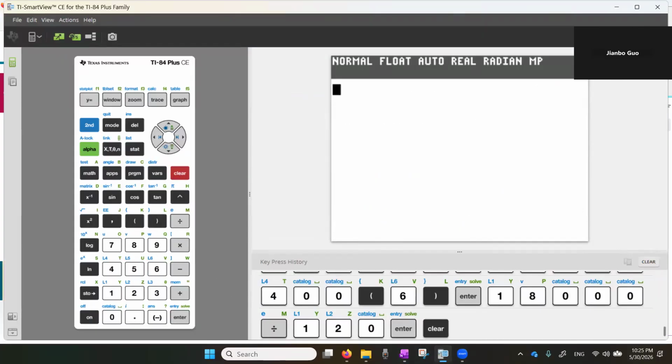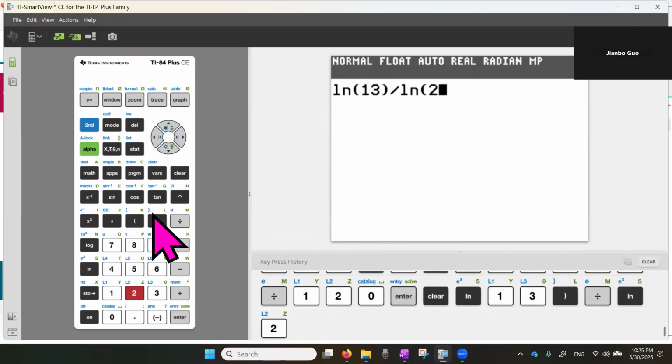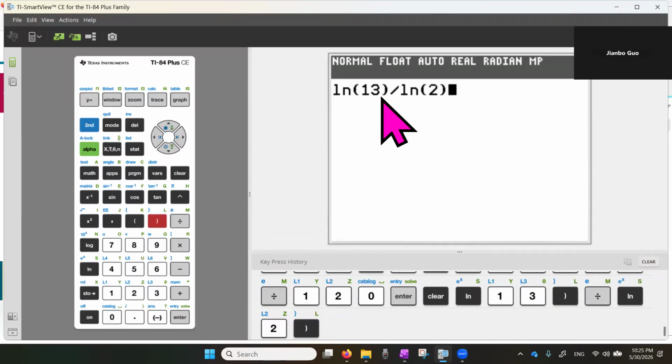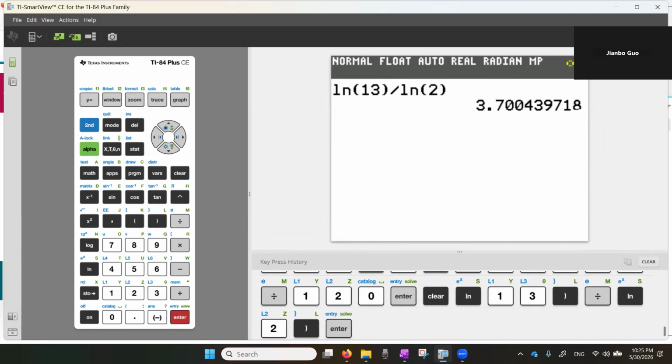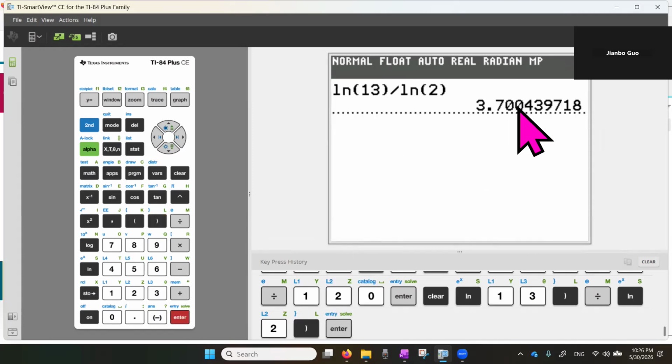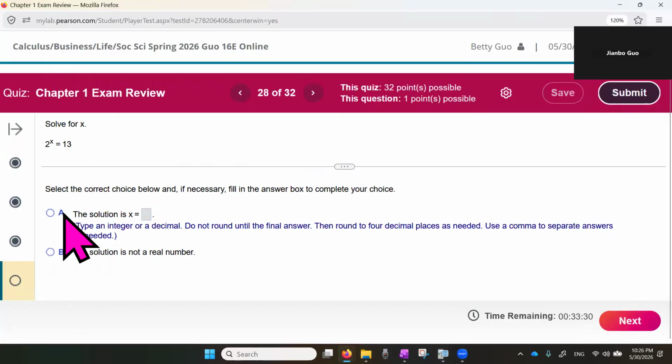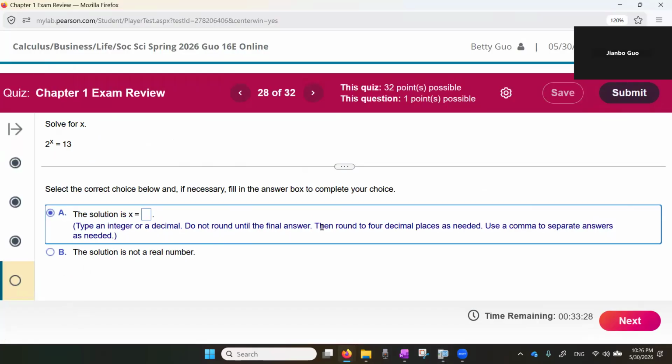Ln 13 divided by ln 2. Don't forget to close the parentheses. 3.7004, to 4 decimal places.